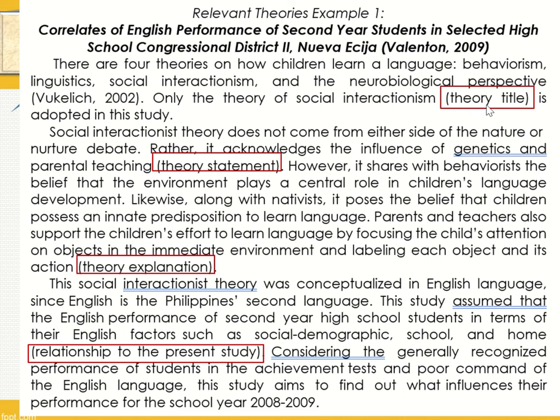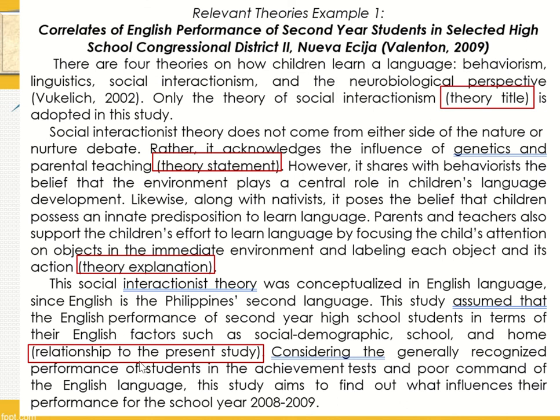So you indicate here the title, the theory title, which is social interactionism. And then what is the statement of that theory? What the theory is all about. So this is what is shown here in this statement. And then afterwards, we have here the theory explanation. So in these paragraphs, in these sentences, the theory explanation is shown.